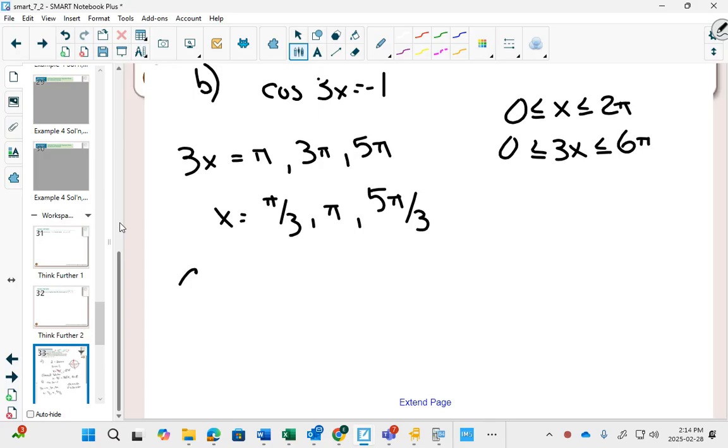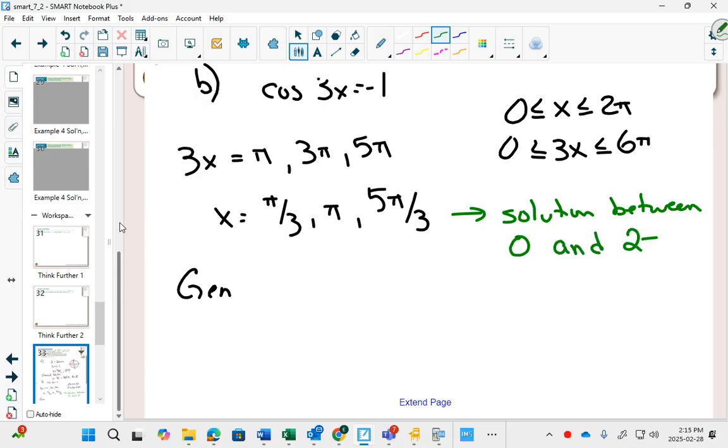Our general solution, maybe I'll make a note here. When we're doing multi-revolution, when you finally get x by itself, you have solved between 0 and 2 pi, because that's when my x started. Then 3 times around would be multi-revolution.